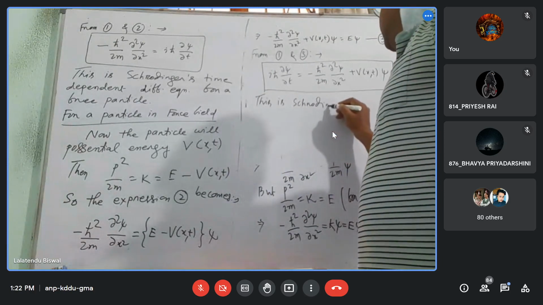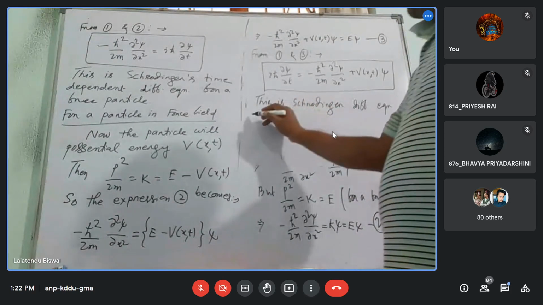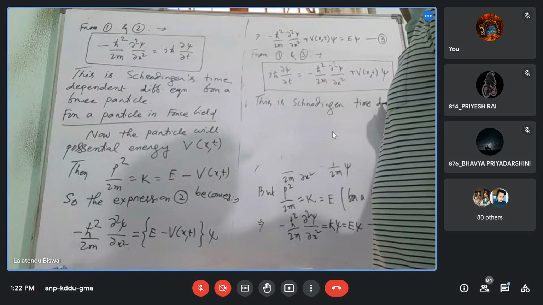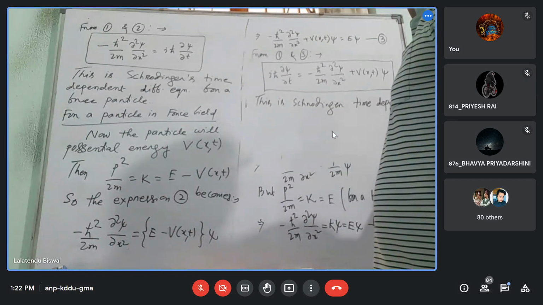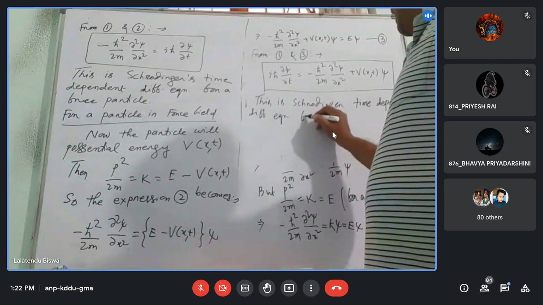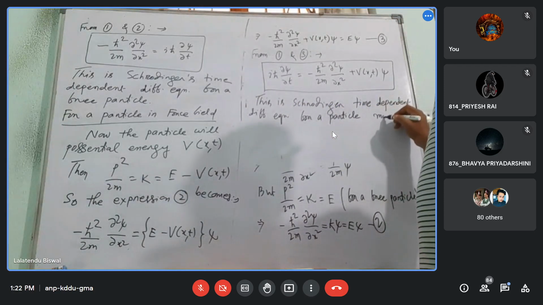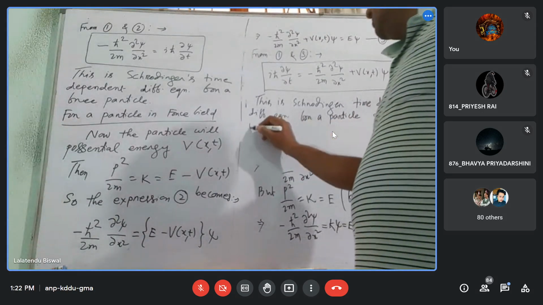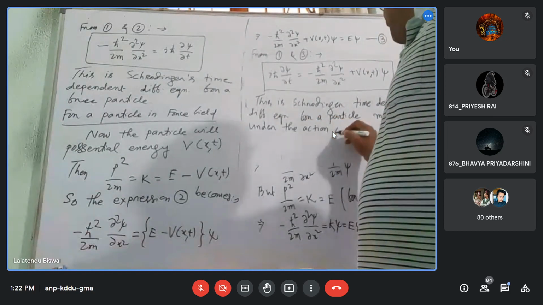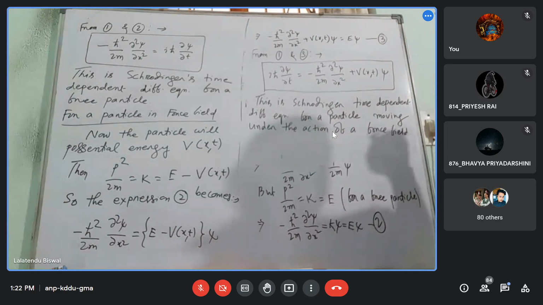Schrodinger is a time dependent equation because the time factor is there.